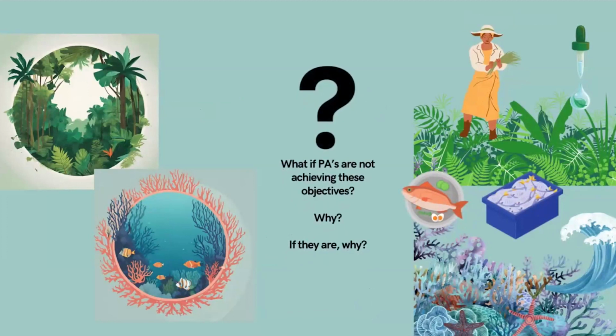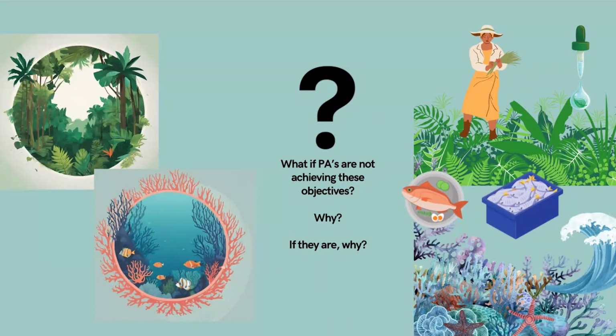But what if a protected area is not achieving those objectives? How do we know what to do differently, or what is helping us succeed if we are making progress? Achieving conservation and socioeconomic benefits, it's not as simple as establishing the site and then we get those results. We all know that there's a lot of other actions that you guys just mentioned that need to be taken, and that's what we're calling management.